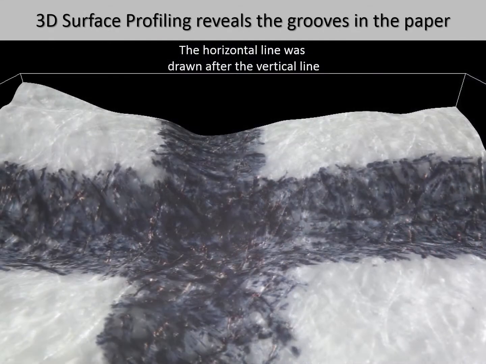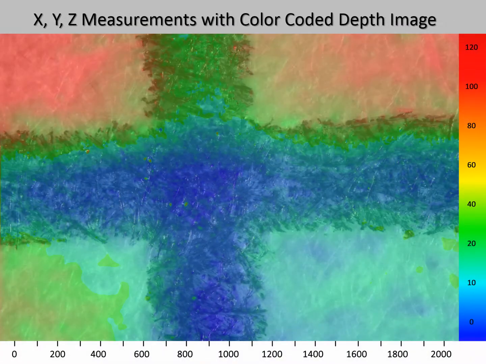The 3D model indicates that the horizontal line was drawn after the vertical line. The color-coded depth image verifies that the horizontal line created the continuous groove, whereas the groove in the vertical line was interrupted by the horizontal line, meaning that that was the second line that was drawn.